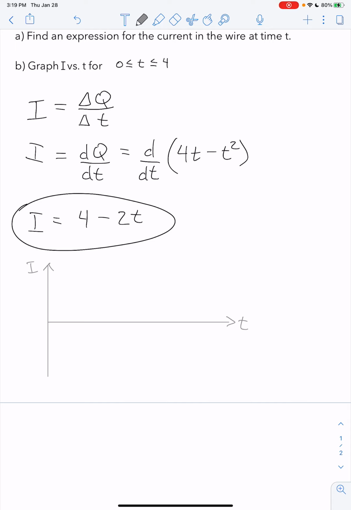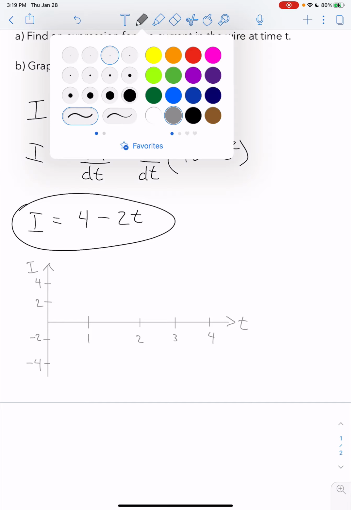And I guess we should note some points along here. Okay, so this will be about 1, 2, 3, 4, and we'll make this maybe 2, 4, -2, -4. Getting a sense just out of the equation of what the values might turn out to be.